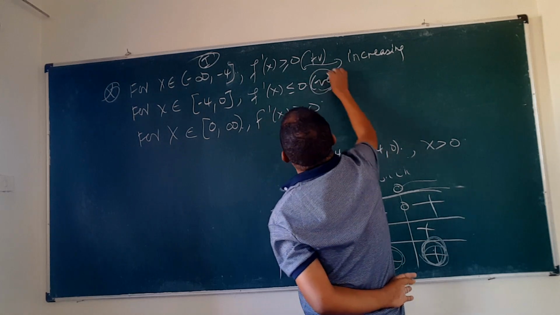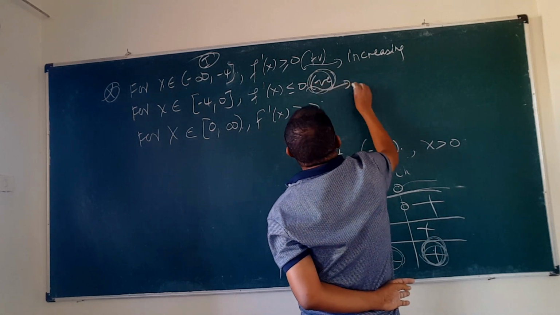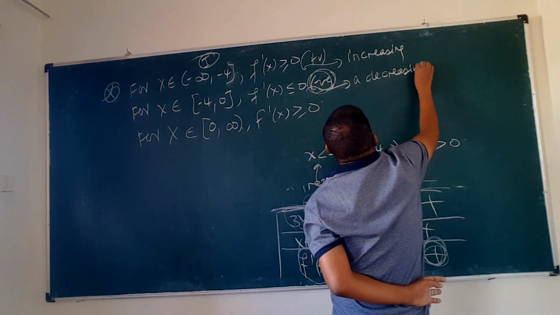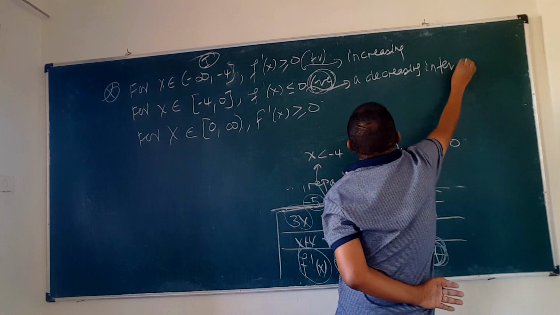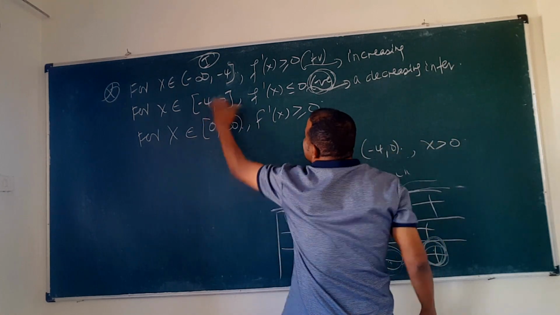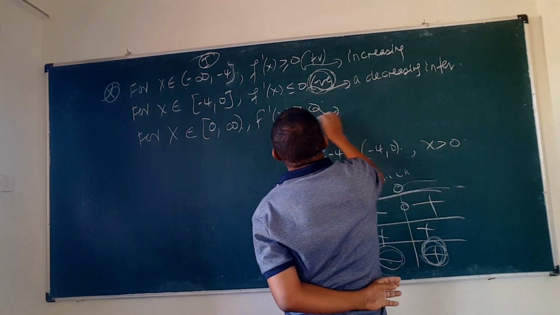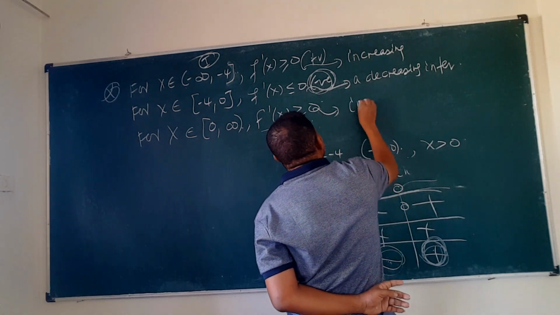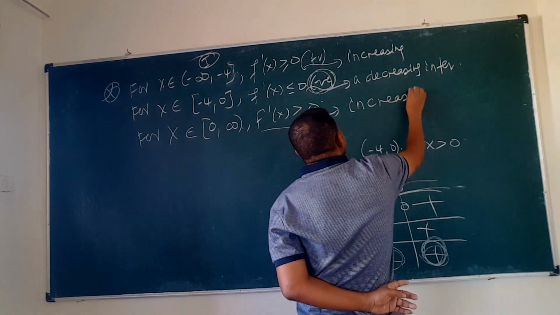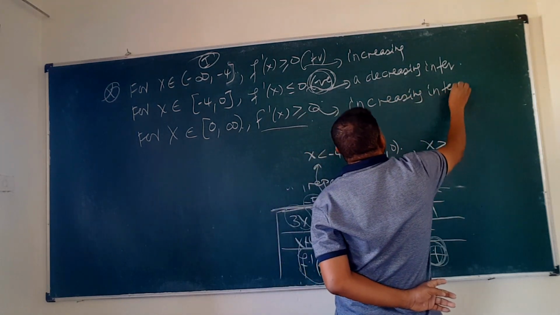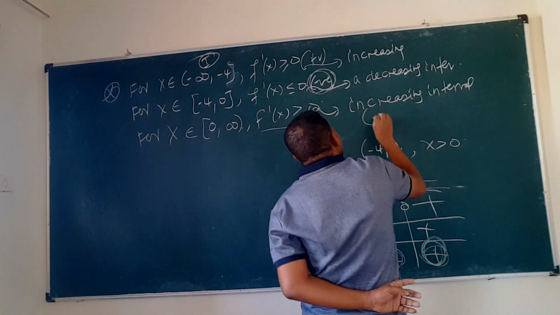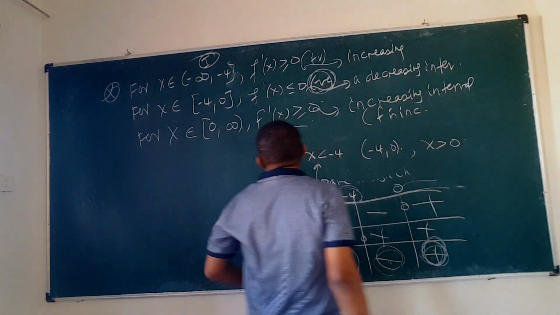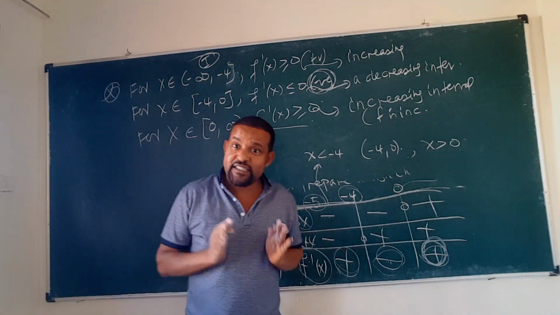Here the function's derivative is less than 0, so this is a decreasing interval, which means the function is decreasing in this interval. And here, since the first derivative is positive, it is an increasing interval. F is increasing on this interval.